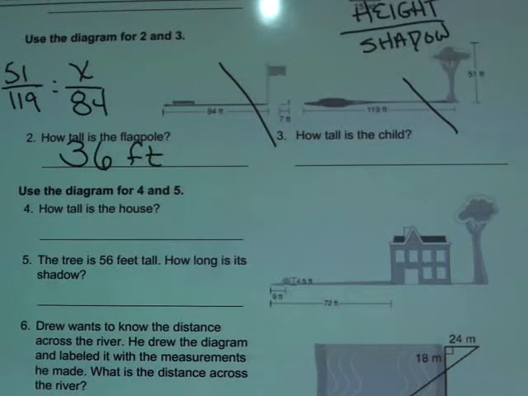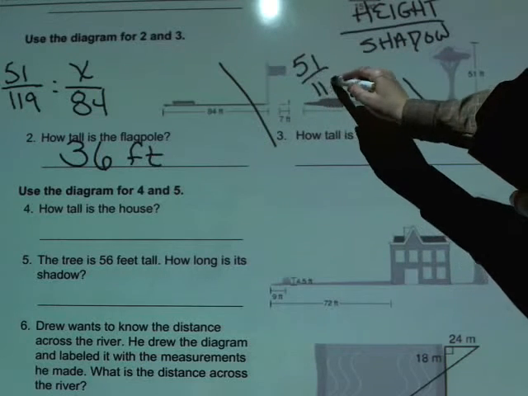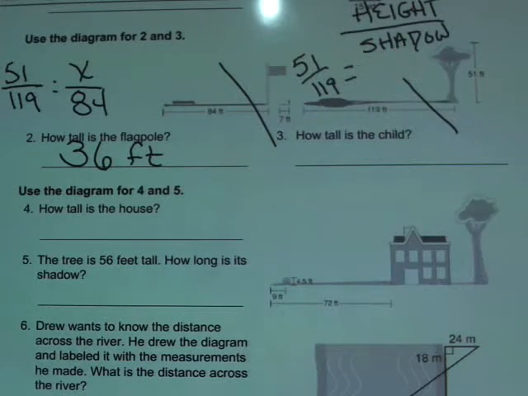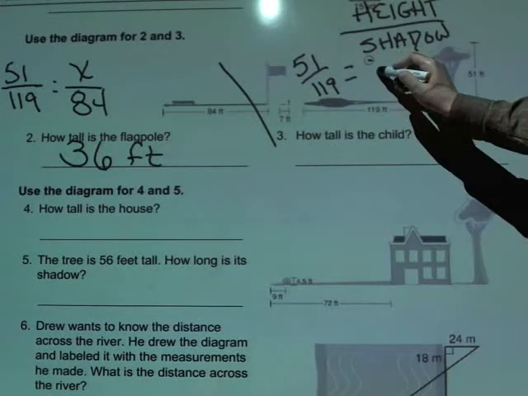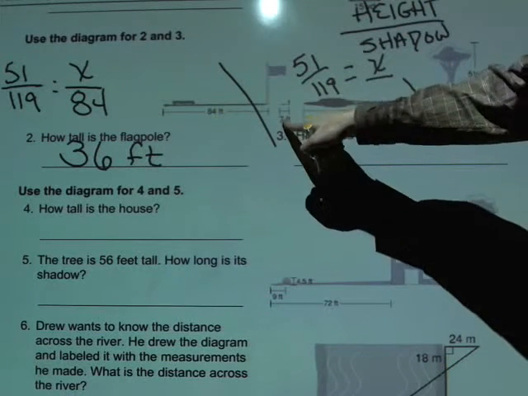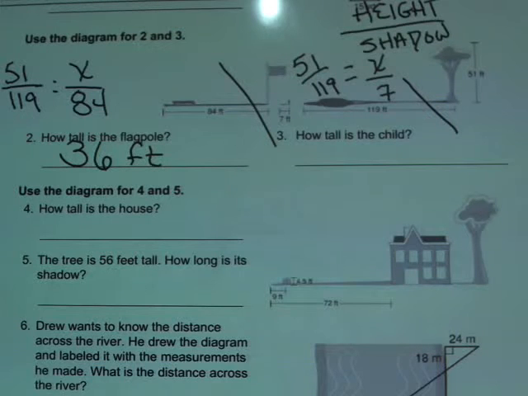Same tree comparison here for number 3, height to the shadow, so 51 over 119. But when I write my other fraction here, it's going to be the comparison of the height of the child, which we don't know, so that's going to be our variable x, to the shadow 7. Now 119 to 7 might be one you recognize, maybe, maybe not.